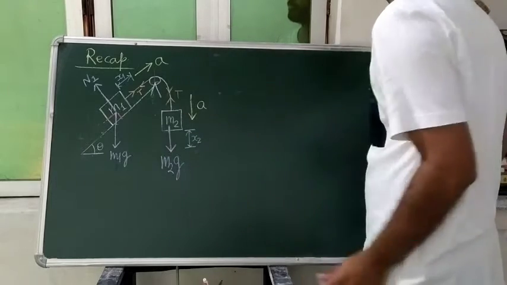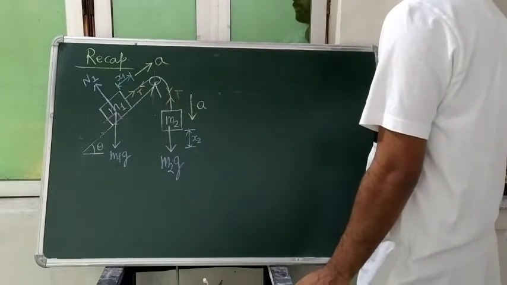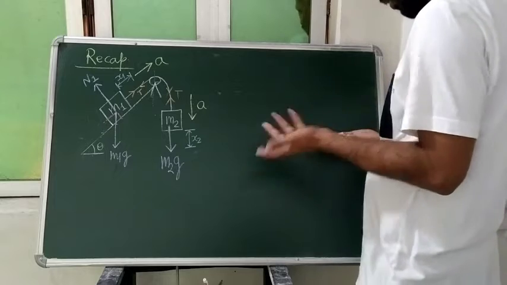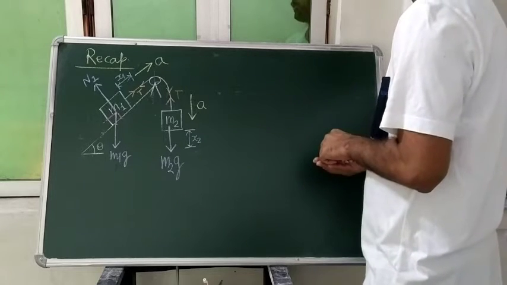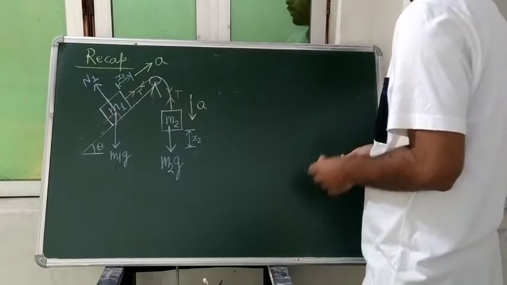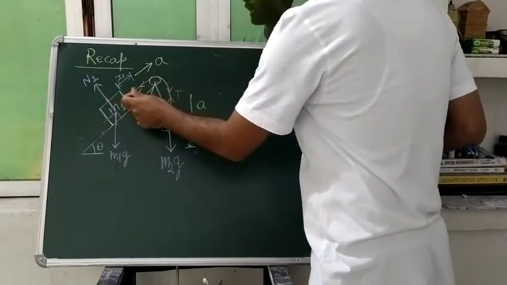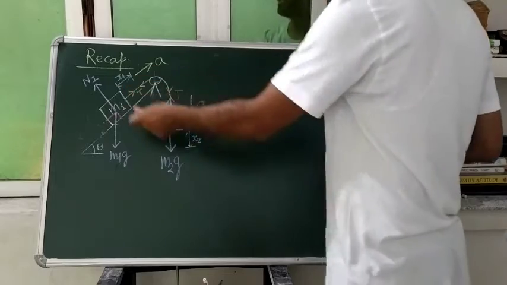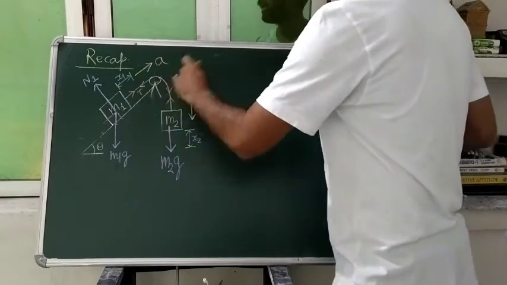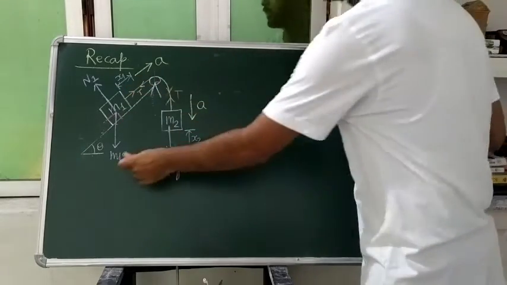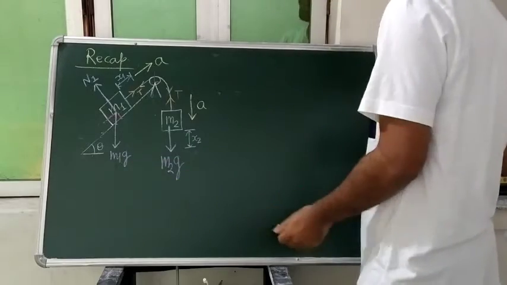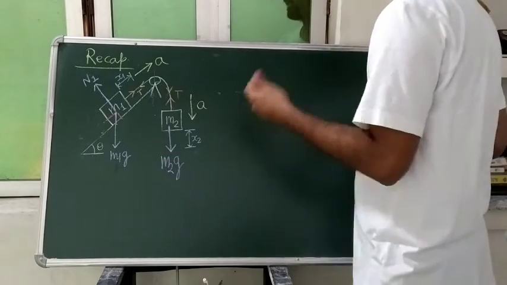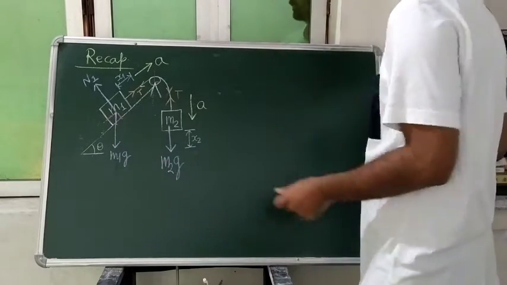Normal force will always be perpendicular to the inclined plane. And we will look at this N1 and this tension T present here, they are perpendicular and along the contact surface, but this m1g force due to gravity is not along the contact surface or perpendicular to the contact surface.